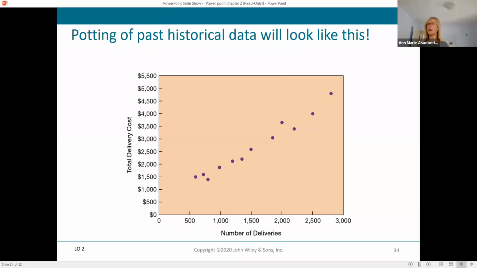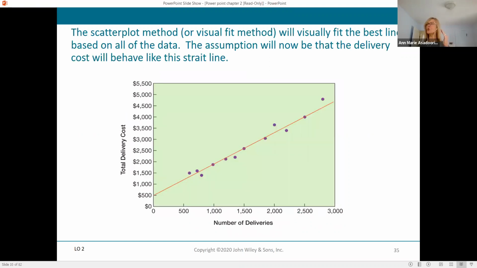And so how am I going to predict what this cost is going to look like next month? We're going to use a linear equation. I'm going to visually fit all of this data to the best of my ability. This is how this cost is going to behave. My cost is going to behave like this straight line.